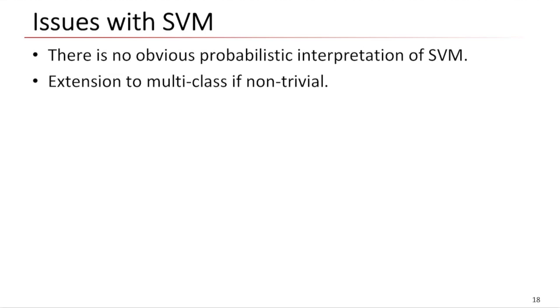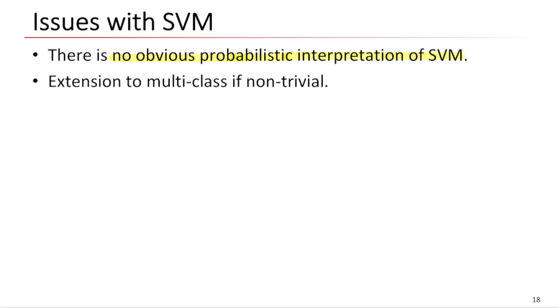The first one is that there is no obvious probabilistic interpretation of SVM, right? In the logistic regression problem, we introduce some interpretation in probability when classifying the training set. But in SVM, there is no probabilistic interpretation.